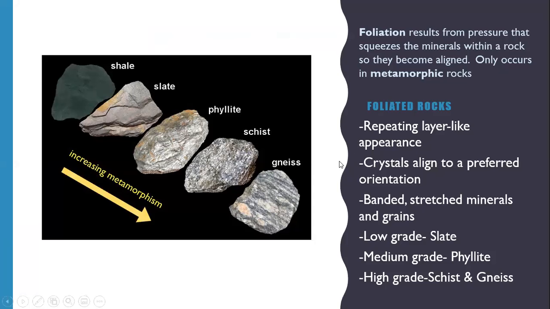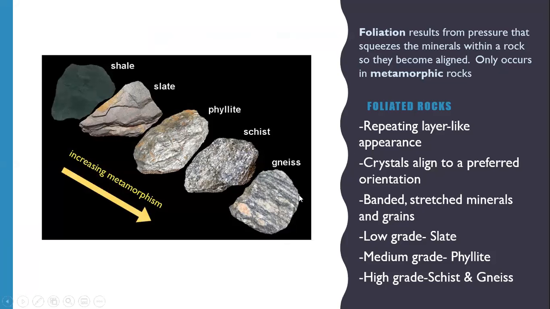Think of foliation as banding within these metamorphic rocks. It's when the minerals or crystals respond to that pressure and become elongated and almost layer-like. Try not to think of them too much as layers; think of them more as banding.